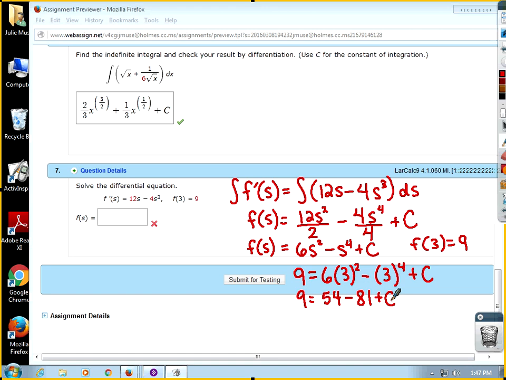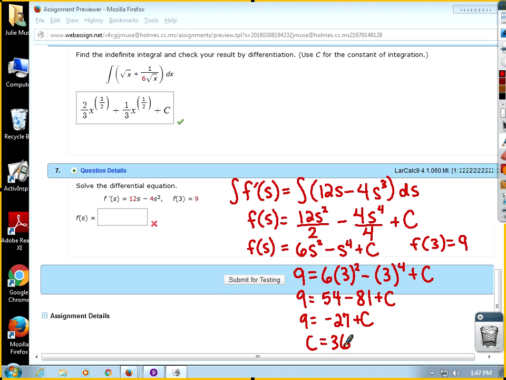So let's see, 54 minus 81 is going to be negative 27. So we would add 27 to both sides to solve for c. 9 plus 27 is 36. So when we actually type our answer in, we're going to replace that c with the 36.